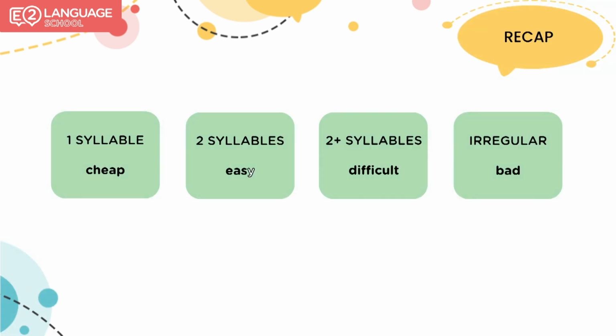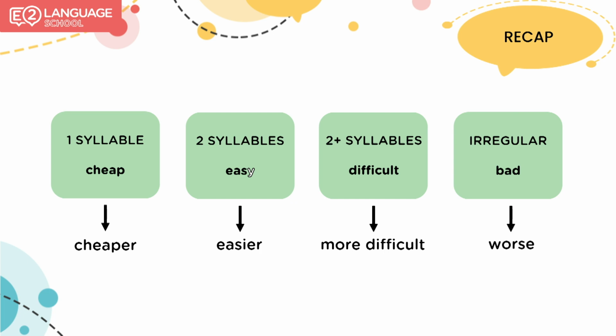So let's take another look at them now. 1 syllable, 2 syllables that ends in Y, 2 or more syllables, and then irregular adjectives. So cheap becomes cheaper. Easy becomes easier. Difficult, more difficult, and bad turns to worse.